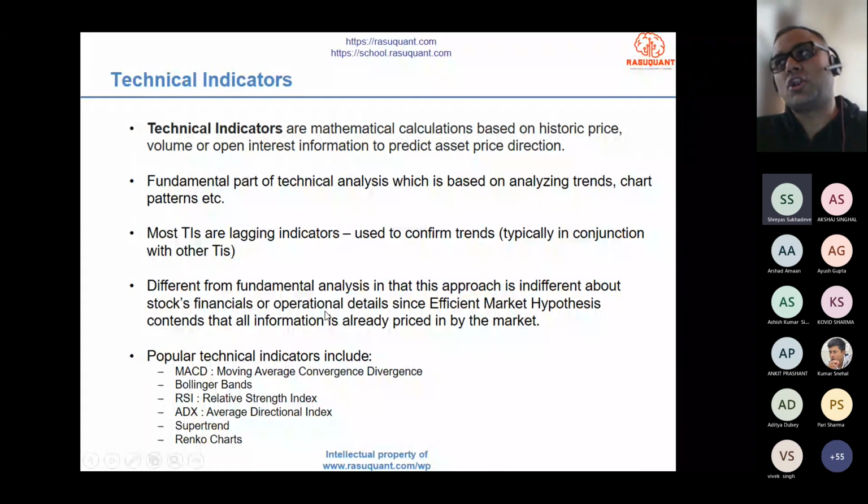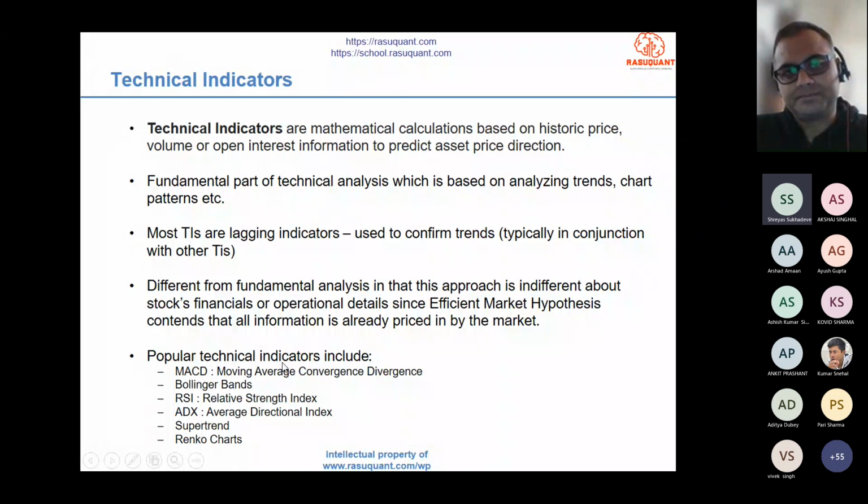But having said that, a lot of traders are making money using technical indicators. That is their response: this thing works. Let's not go into the philosophical moorings of these schools of thought. The idea is that technical indicators work and a lot of traders use them.